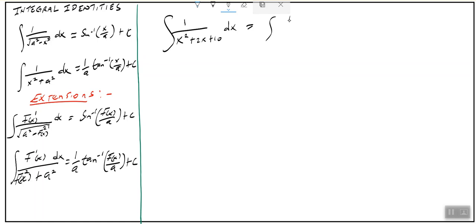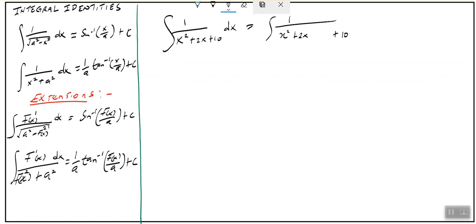So we have 1 divided by x squared plus 2x, and I'm going to add the plus 10 here, and I will tell you why. How do you complete the square? If you want to complete the square of a quadratic function, you take this number here. Do you see it? It's 2 in this case.